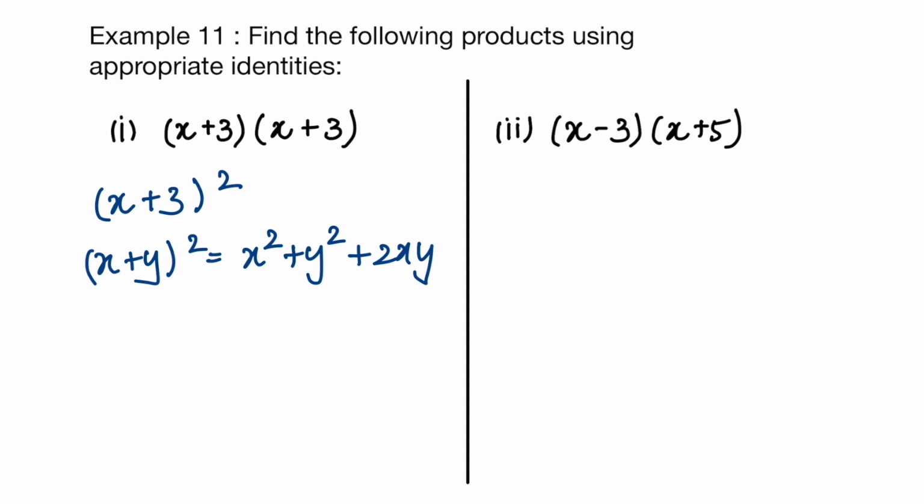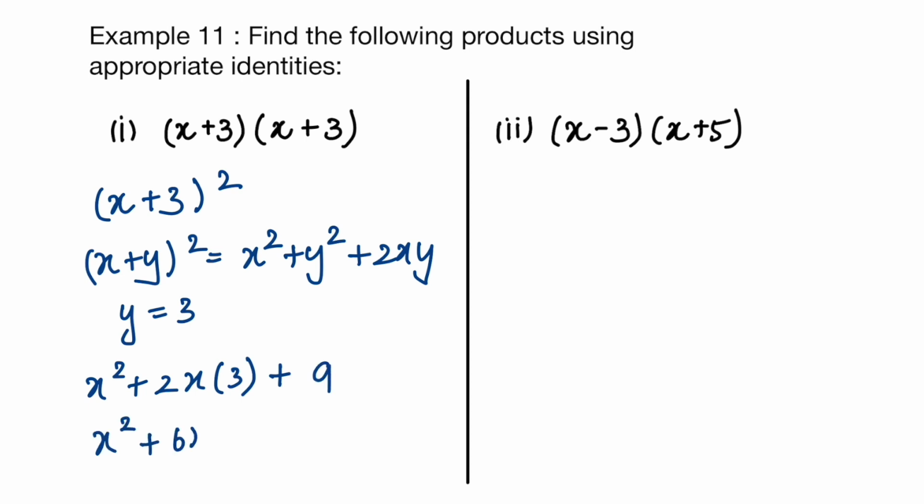X is x itself and here y is equal to 3. Okay, so x squared plus 2 into x into, instead of y you are going to substitute the value 3, and for y squared you have 3 squared, that is 9. Okay, so x squared plus 6x plus 9, and that is the value.